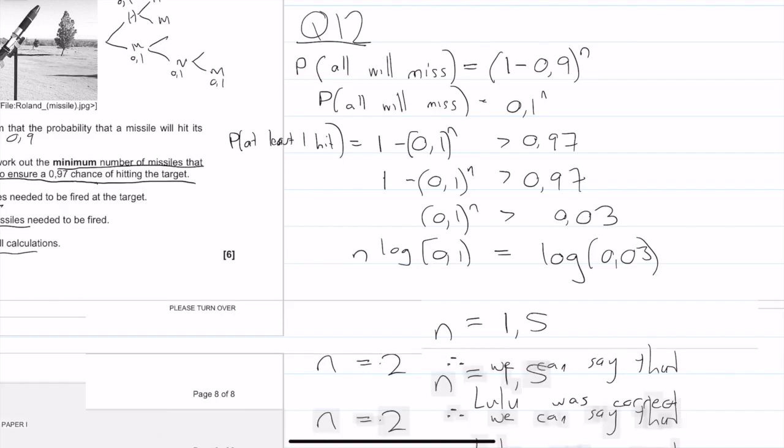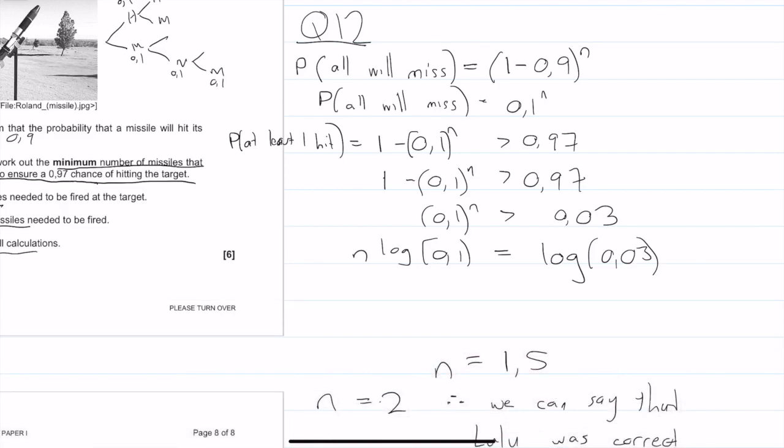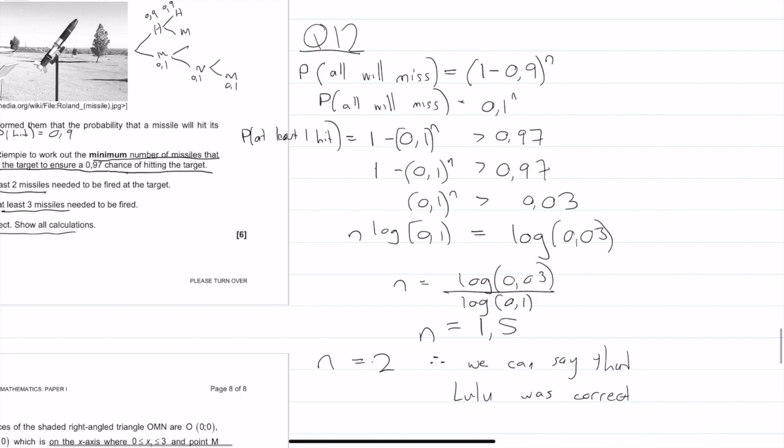Then to solve that, we solve for n. So n is equal to log of 0.03 over log of 0.1. That was the same notation as I had before, but this is an alternative notation, which might be easier for you guys to understand.